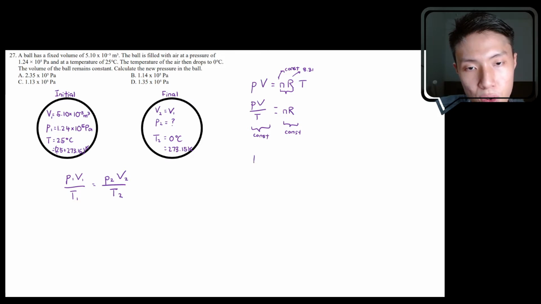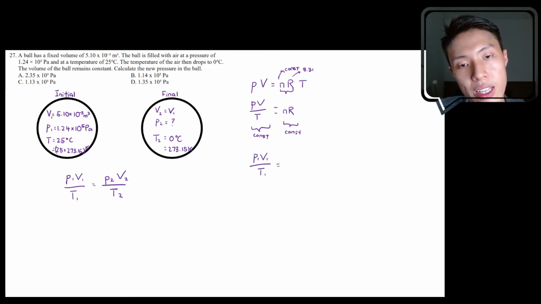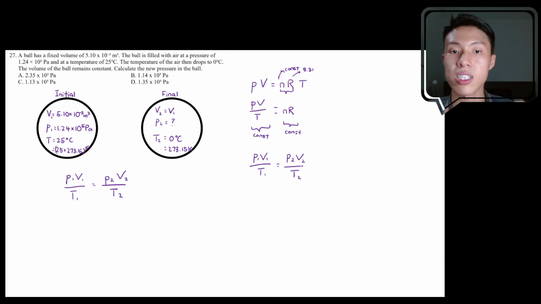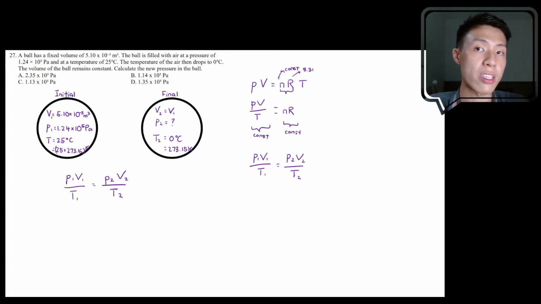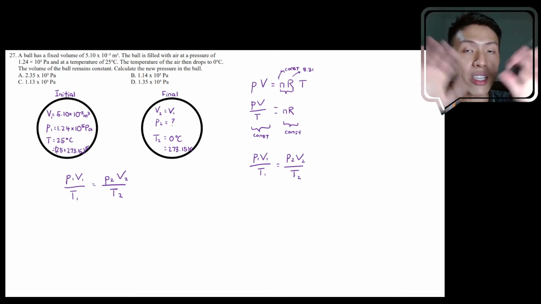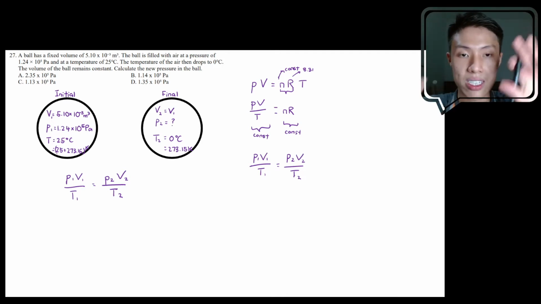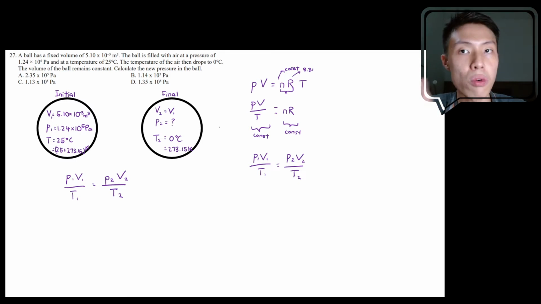So if you compare one thermodynamic state to another, you should be able to equate them, because this value is constant no matter the different temperature, volume, and pressure. PV divided by T will balance itself so that it will always remain constant, because nR is constant.